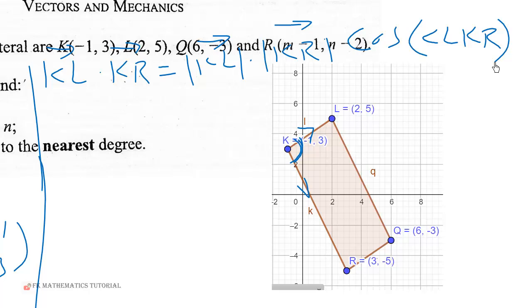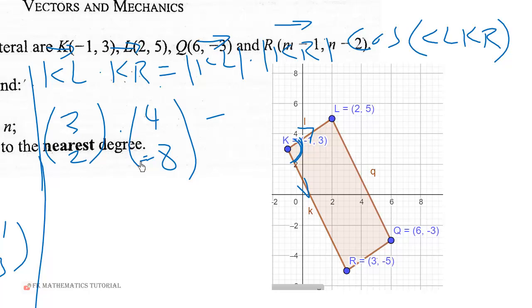So (3, 2) dot (4, -8) will be equal to magnitude of KL. That will be square root of 3 squared plus 2 squared, and that will give you square root of 13.